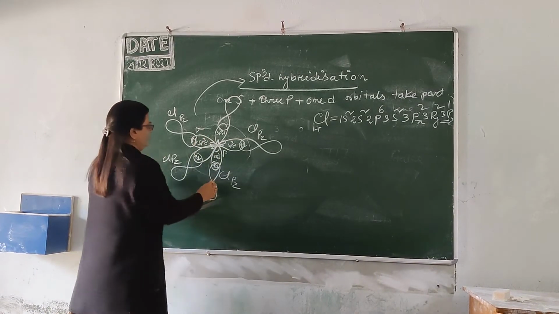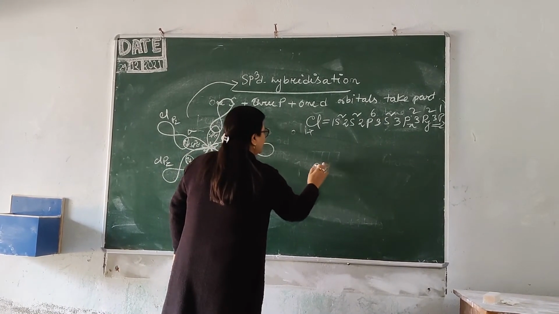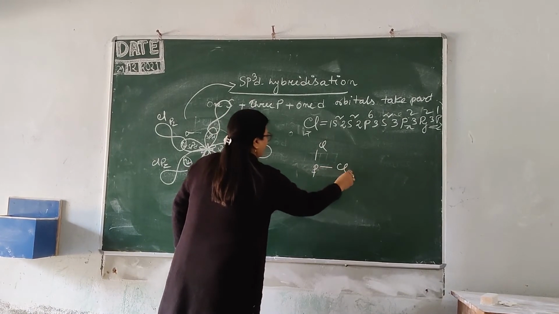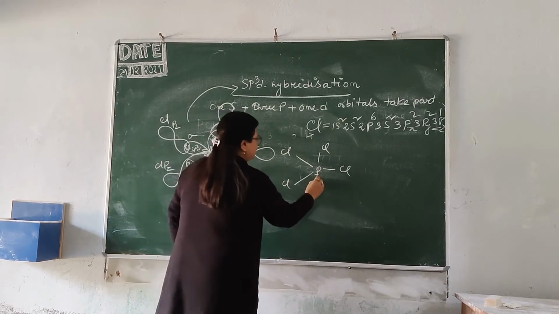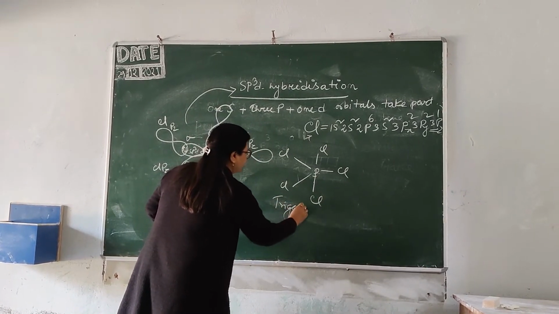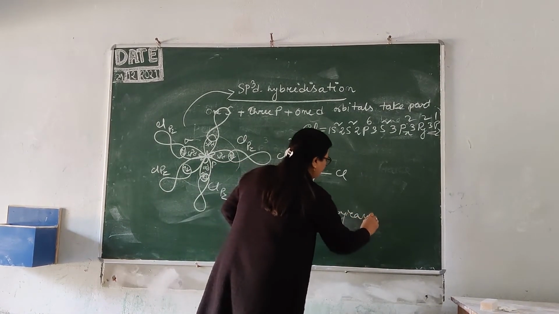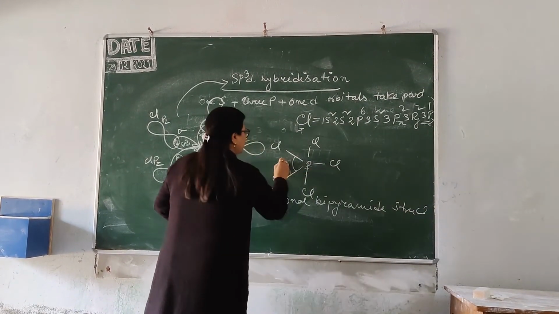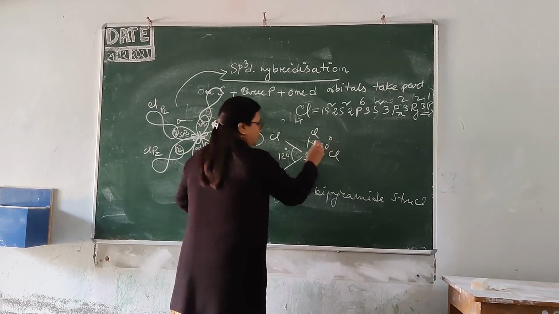Now the structure of PCl5 will be like this. This is the trigonal bipyramidal structure. The bond angle is 120 degree and this is 90 degree.